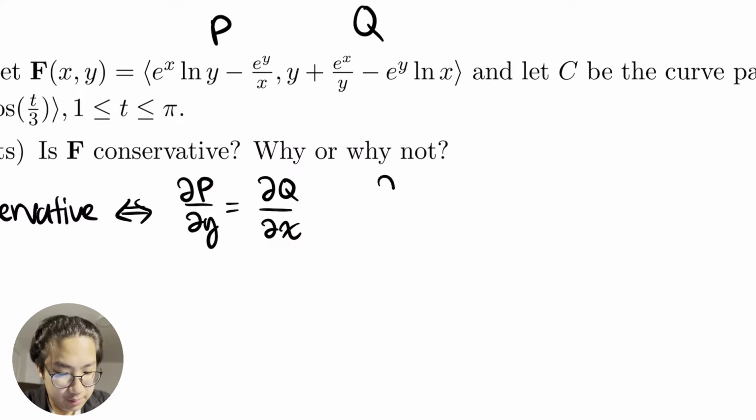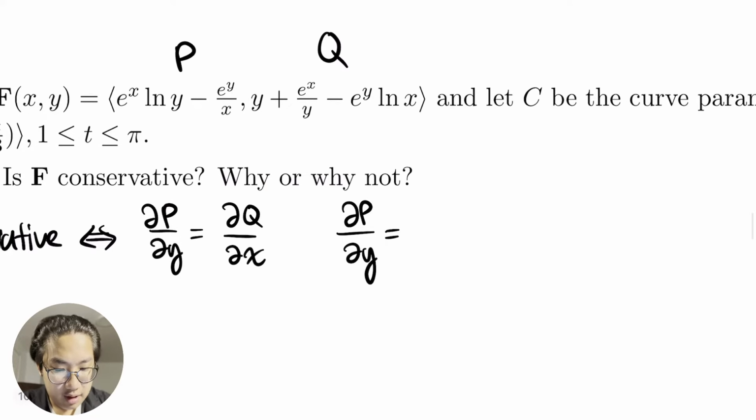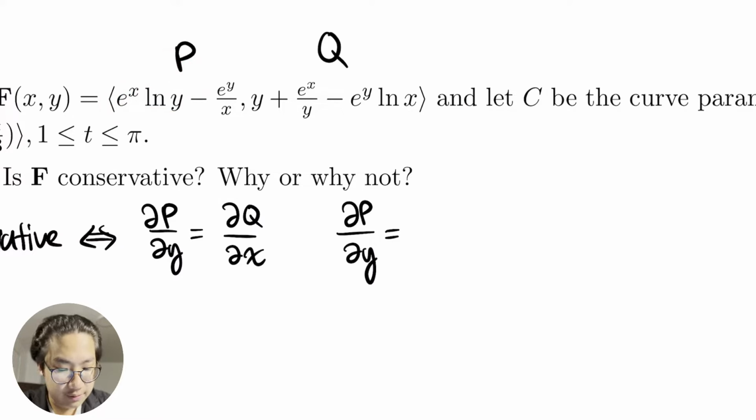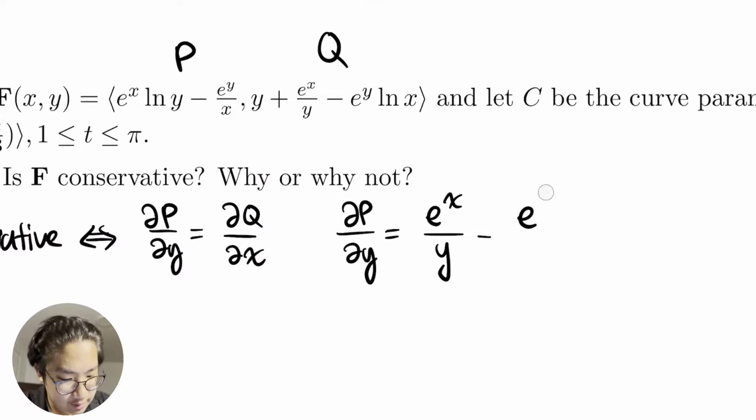So partial P partial y is equal to the following. Y is a variable, so e to the x is effectively a constant, so we have e to the x over y minus e to the y over x.